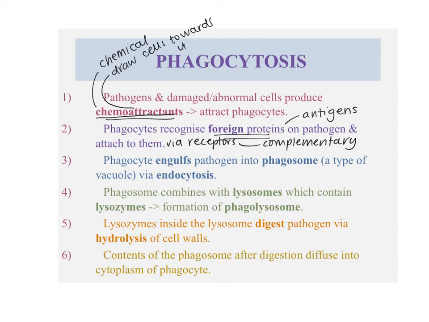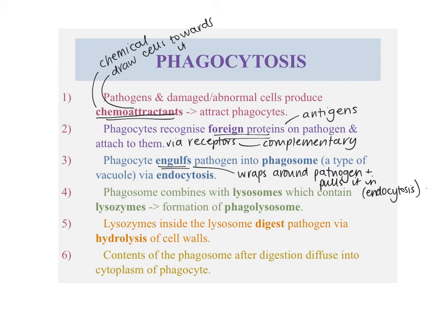They bind together. Now, what we get happening is that phagocyte engulfing. It wraps around the pathogen, a bit like a hug, and pulls it in. That's the endocytosis that we spoke about.